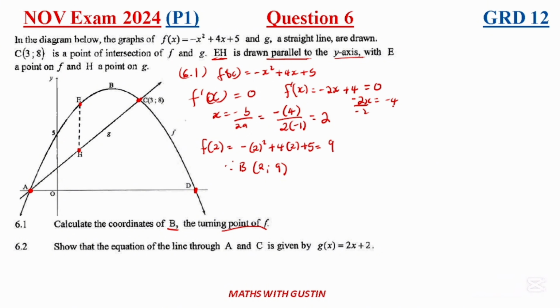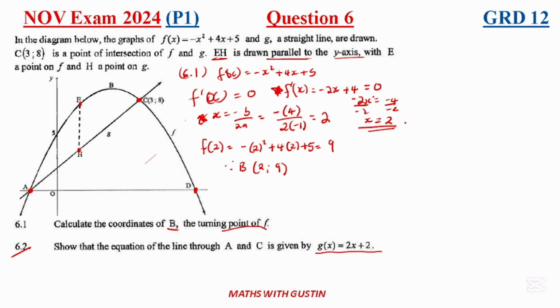Divide everything by minus 2. As you can see, the x value here is also equal to 2, guys. So you can either use this method or the x equals minus b over 2a one. Okay, great stuff. Now 6.2 says show that the equation of the line AC is given by that.